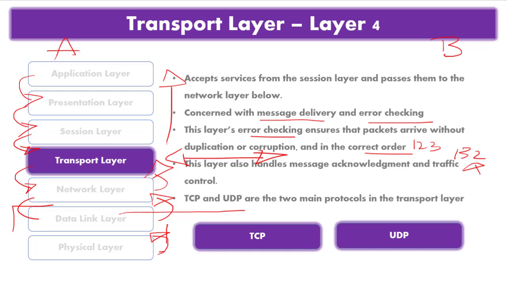The transport layer also handles message acknowledgement and traffic control. Now this depends on the protocols being used, and it can vary from protocol to protocol. The ability to combine multiple message streams or sessions into one logical link while keeping track of which message streams belong to which sessions is the job of the transport layer.